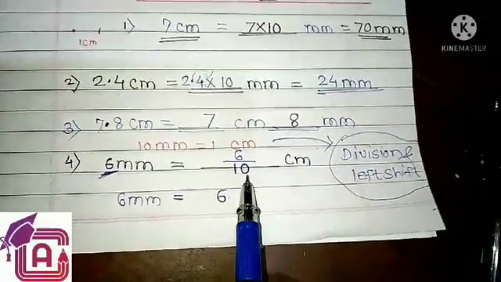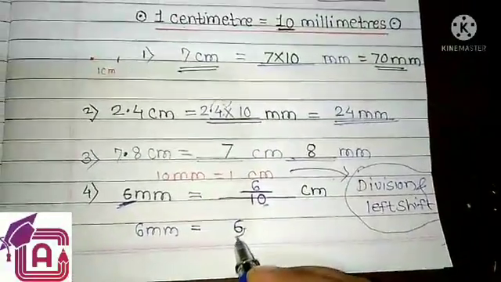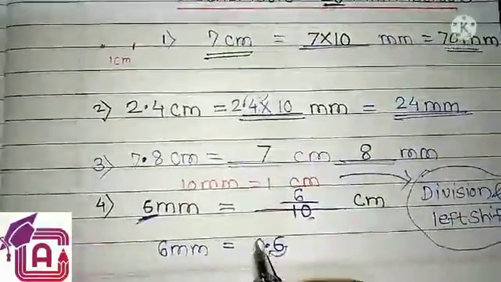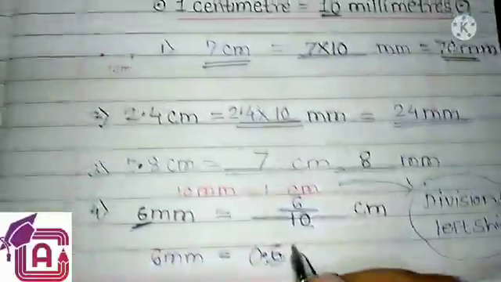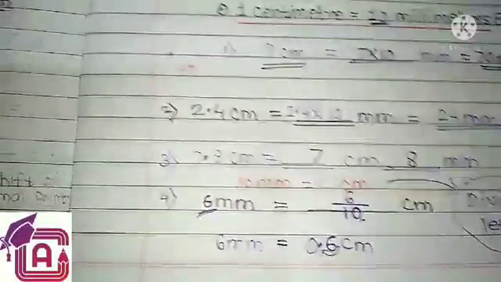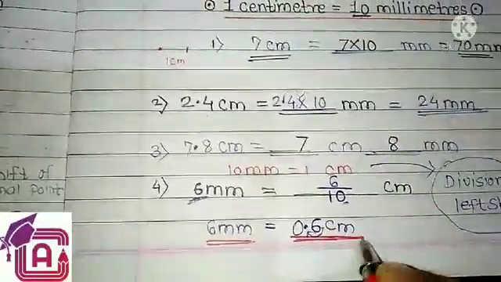How many times? 1 time, because 1 zero is there. Yes, it is moving towards the left hand side. So now the decimal point is over here, so write down 0.6 centimeter. So what is our answer? 6 millimeter is equal to 0.6 centimeter.